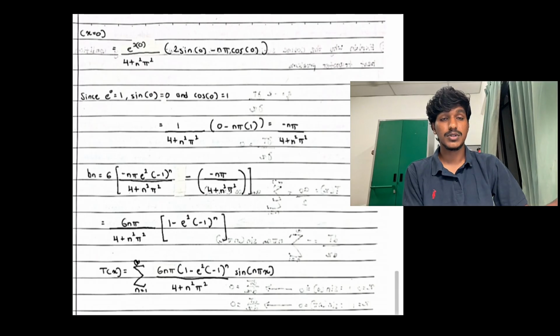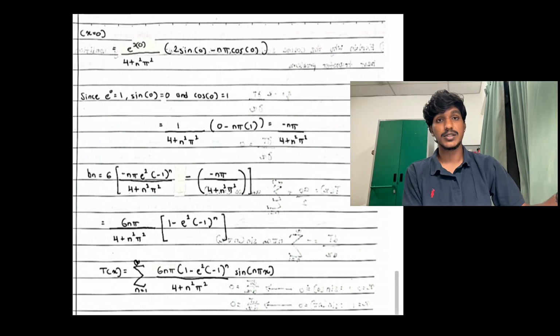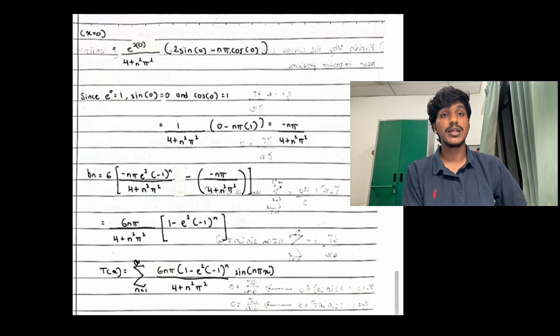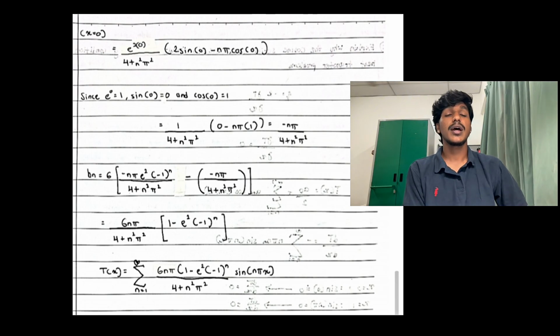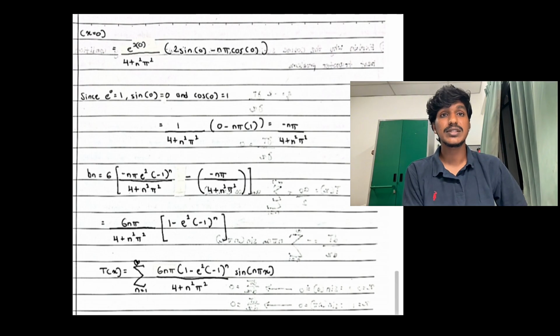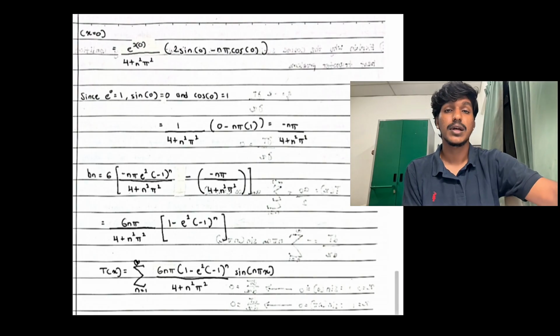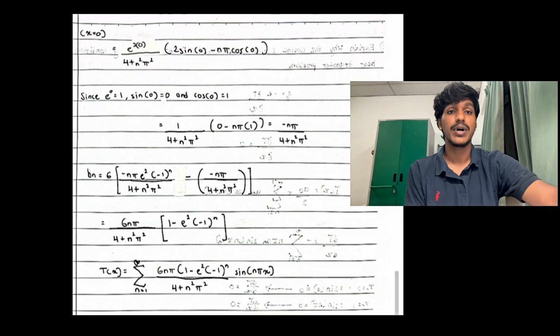Finally, we just substitute this bn back into our original series format, giving us the complete half-range Fourier sine series expansion: T(x) equals summation of 6 n pi (1 minus negative 1 to the power of n e^2) over (4 plus n squared pi squared) times sine(n pi x). And that completes part D.